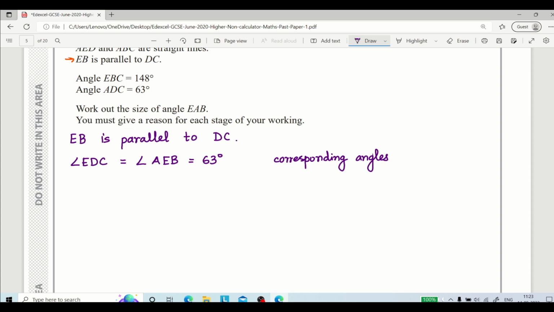Now the next part. Here angle ABE plus angle EBC. I hope you're keeping that figure in your reference, because it's not possible each time to scroll up. So they form a straight angle. Angles on a straight line add up to 180 degrees. I'll just write down straight angle for your reference.